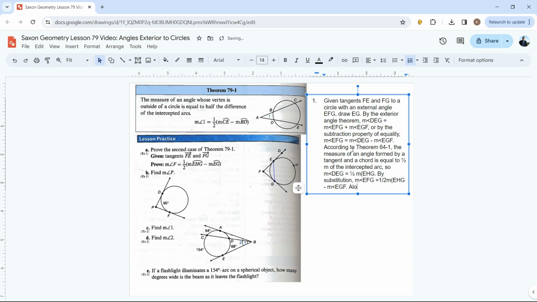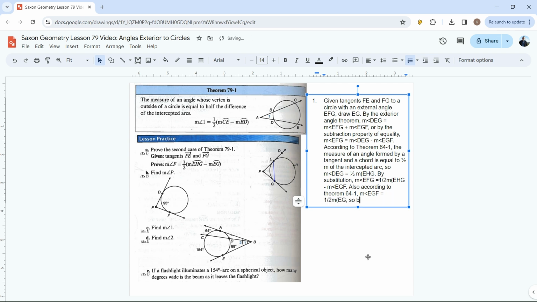So also, according to theorem 64.1, the measure of angle EGF equals 1/2 the measure of the subtended arc. This is going to be the measure of arc EG.